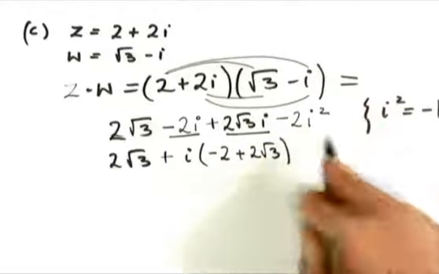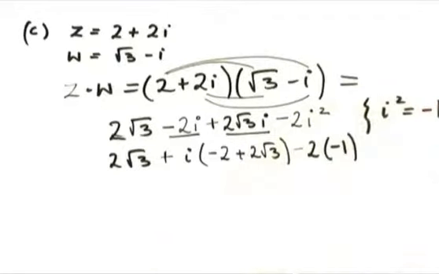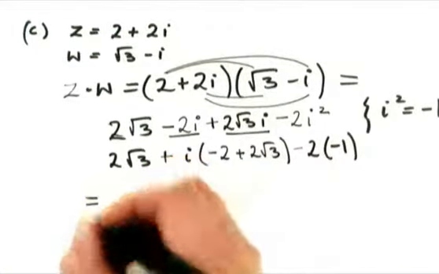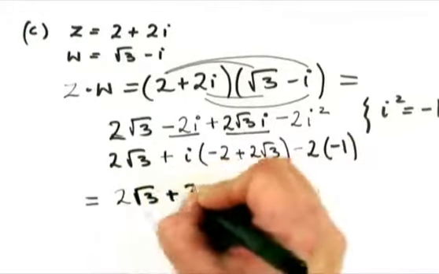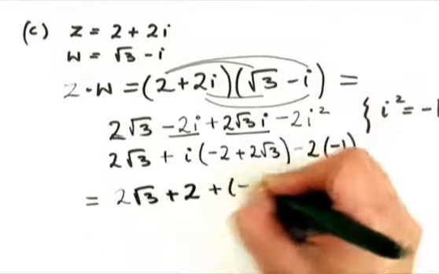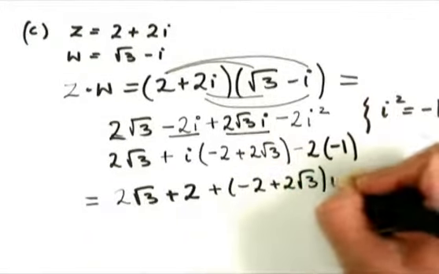And here we have minus 2 times minus 1, which is plus 2, and we're going to put this 2 in front. So this is equal to 2 root 3 plus 2, and this i we can write in the back, plus minus 2 plus 2 root 3 i.